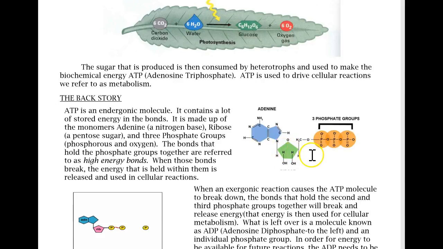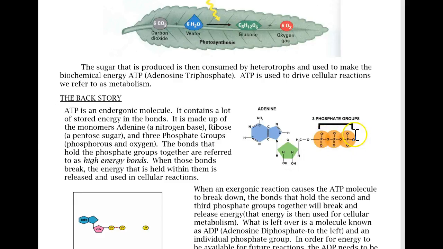The last part of ATP is 3 phosphate groups. Each one of these circles represents a phosphate group. So we have 1 phosphate group, a 2nd phosphate group, and a 3rd phosphate group. A phosphate group is phosphorus and 3 oxygen. And look again, there are double bonds and single bonds. So that means there's potential energy stored here.